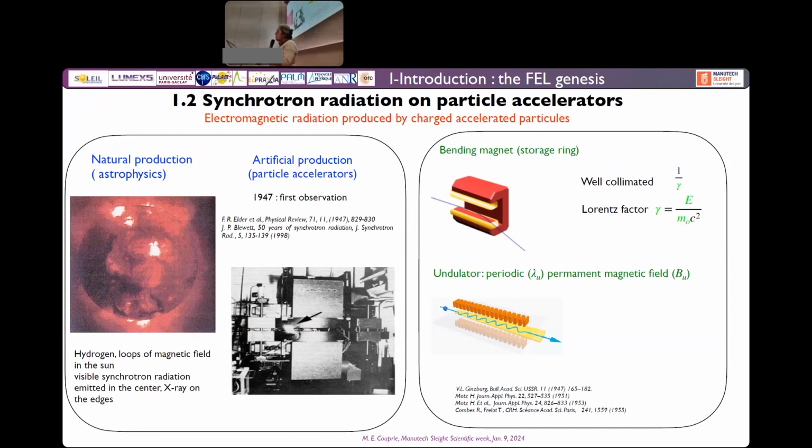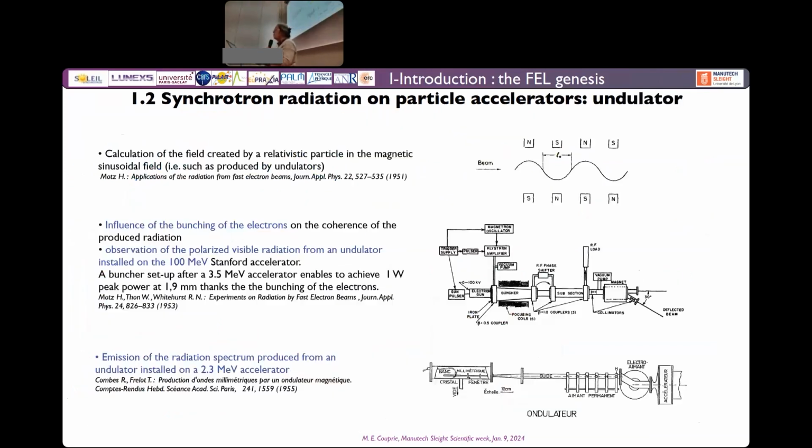Or we can install a specific device that we call an undulator, which provides a periodic permanent magnetic field. Actually, we put a series of dipoles to emit more synchrotron radiation because we have more curvatures of the trajectory.